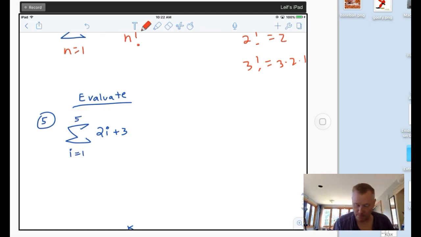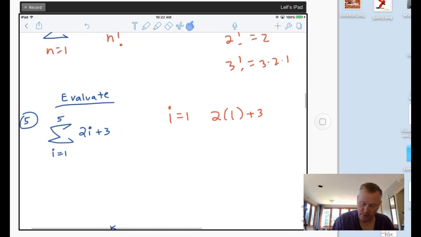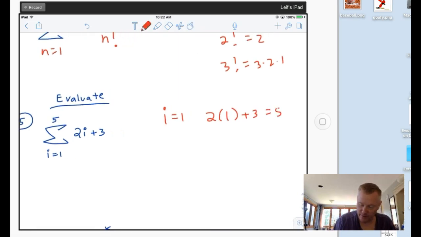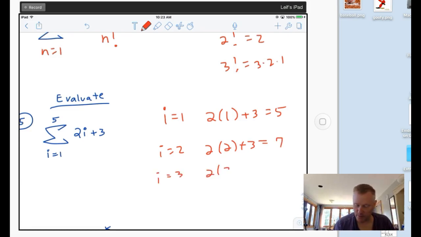So if I plug in 1, I get 2 times 1 plus 3, which is 5. I equals 2. That would be 2 times 2 plus 3, which is 4 plus 3 is 7. If I is 3, I get 2 times 3 plus 3, which is 9.